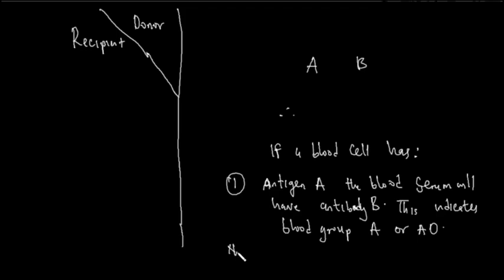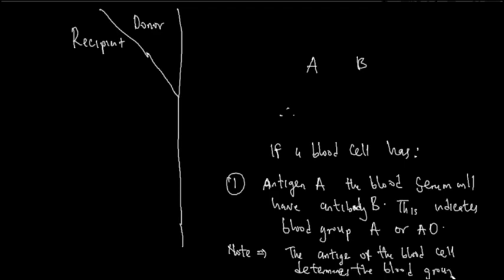So what I want you to write as a note after writing that statement is that the antigen of the blood cell determines the blood group. The antigens of the blood cells determine the blood group.